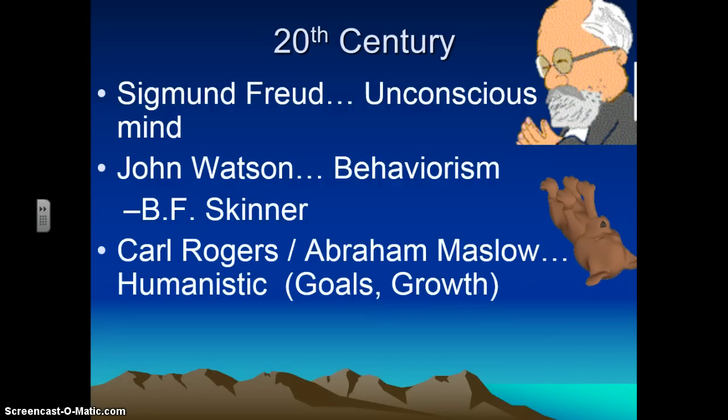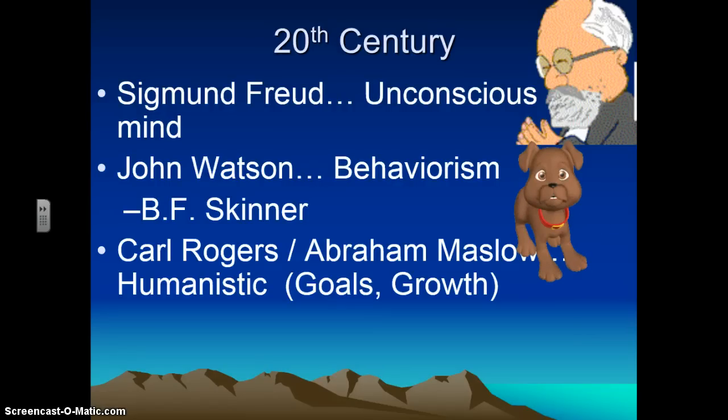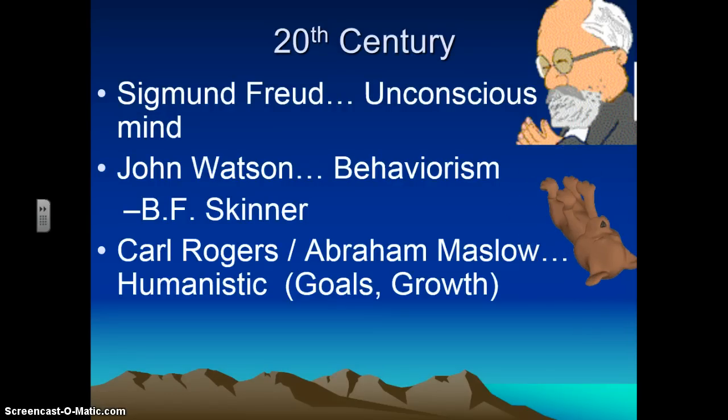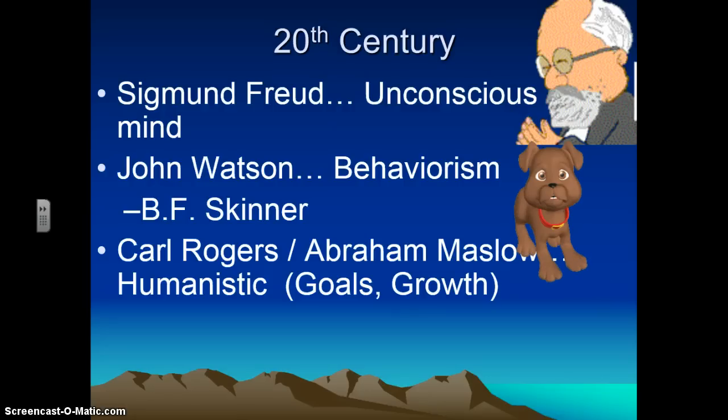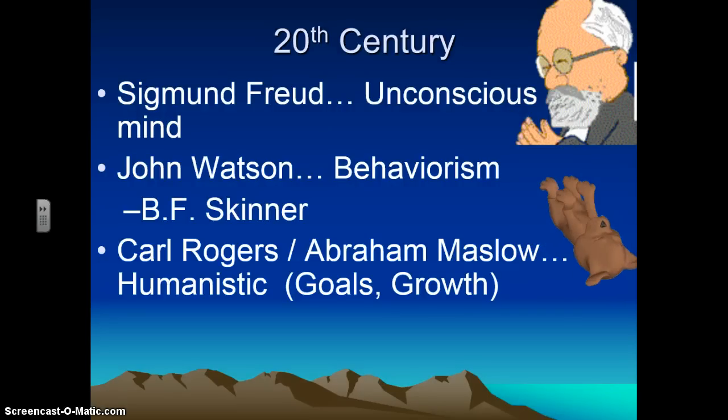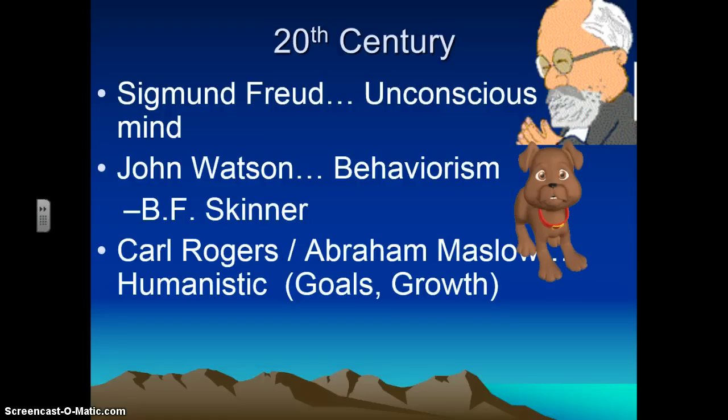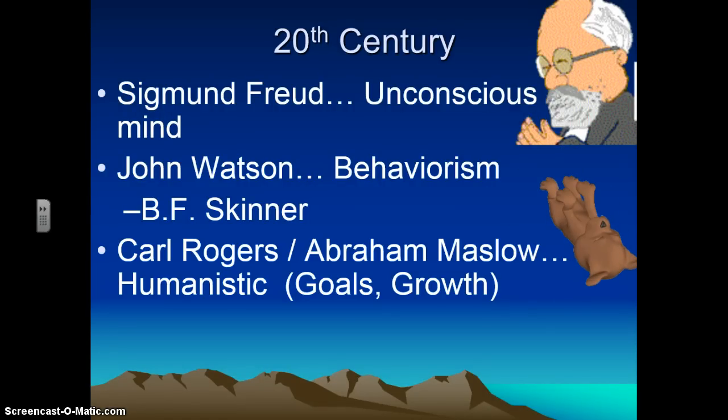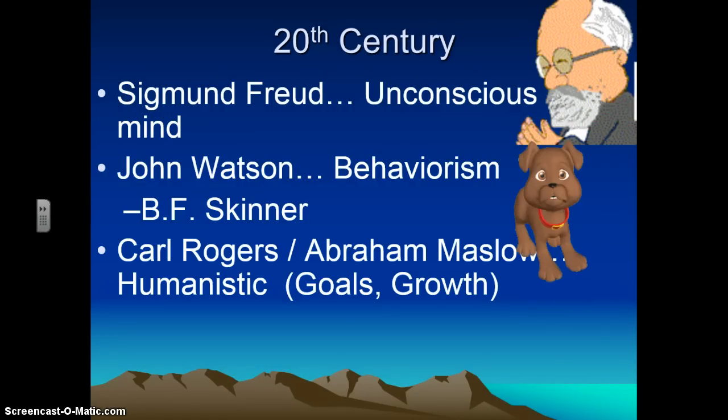Now, another area within psychology, and it's still very existent today, but started in the 20th century, and that is Carl Rogers and Abraham Maslow, and the humanistic field of psychology. The humanistic field of psych believes that each one of us is driven to reach our potential. We're driven to try and be the best person we can be.